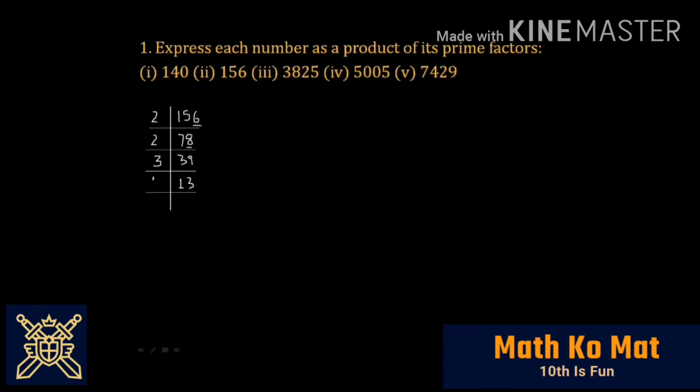So we'll be left with 13. 13 1s are 13, so we'll be left with 1. So we have got the answer. So 156 is equal to 2 into 2 into 3 into 13. So we have got the second answer also.